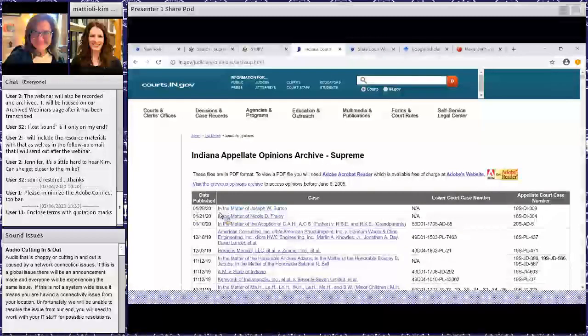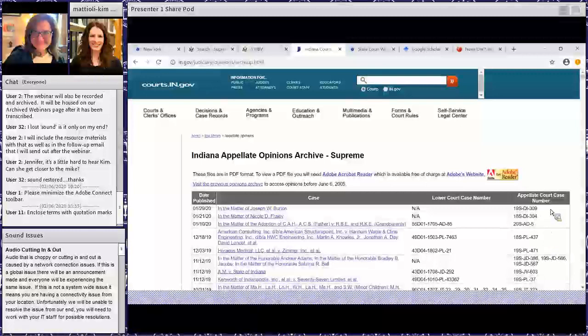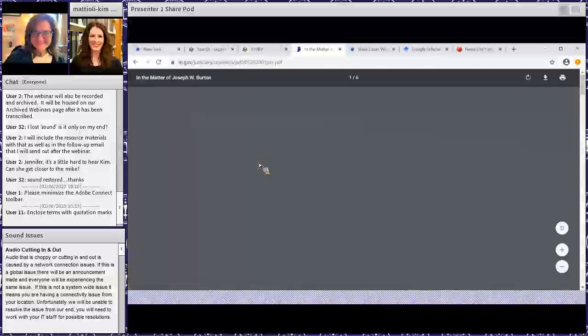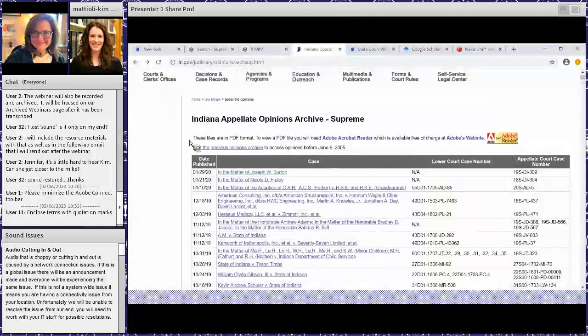It will give you the case name, the date the case was published, and then over to the right, you'll have the docket numbers from the lowest court and then from the appellate court. So you'd be able to look up information about the lower court cases from there. And clicking into these, it will bring you to the same type of PDF that we saw when I showed you from the recent cases.